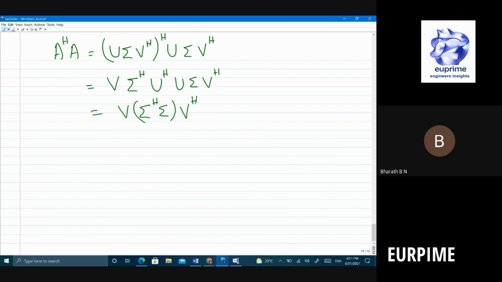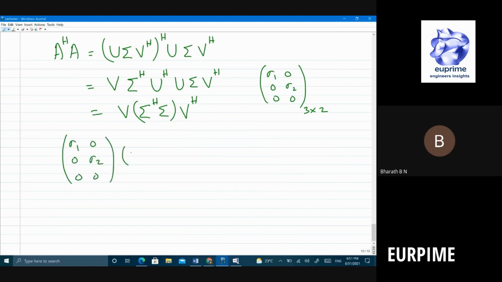Sigma Hermitian sigma again has diagonals sigma 1 squared, sigma 2 squared, and so on. Some of them could be 0, depending on the dimensions. Let me give you an example. This could be sigma, 3 cross 2. What is sigma Hermitian? Sigma 1, sigma 2, 0, 0.